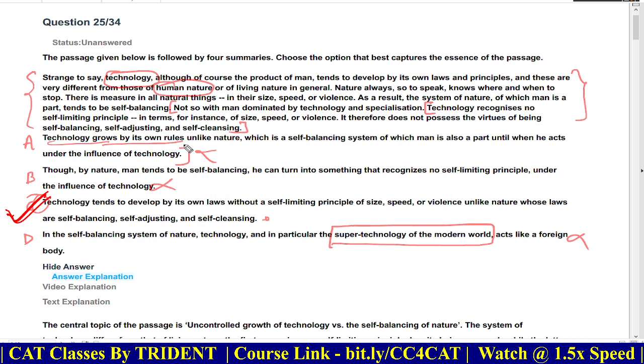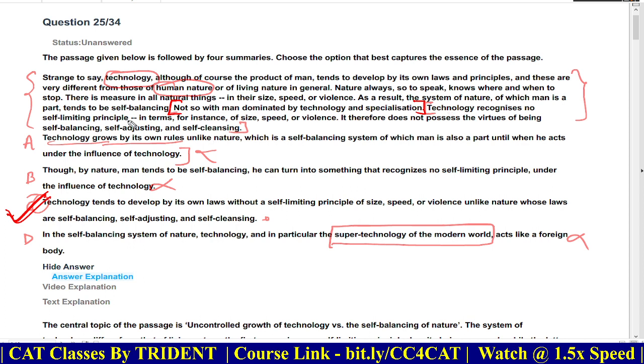Technology grows by its own rule. Okay, nature always knows when to stop. Technology recognizes, not so with man dominated by technology and specialization. As a result, the system of nature of which man is a part tends to be self-balancing. Not so with man dominated by technology and specialization. Okay, this is an important word.